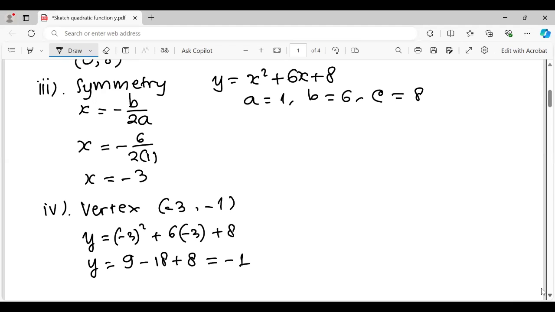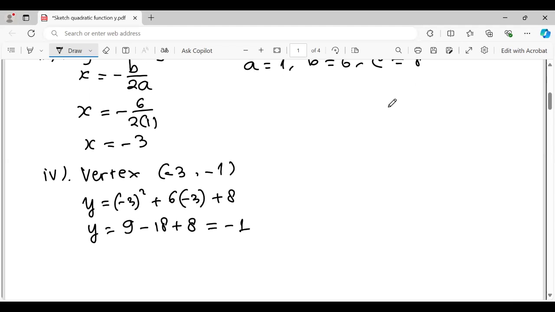Now let's sketch this graph. This is the x-axis, and this vertical straight line is the y-axis, right?